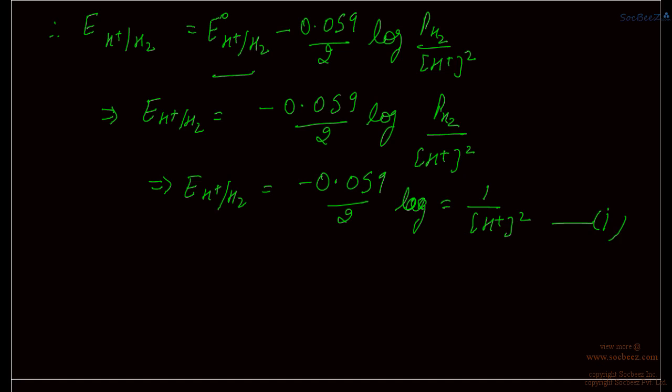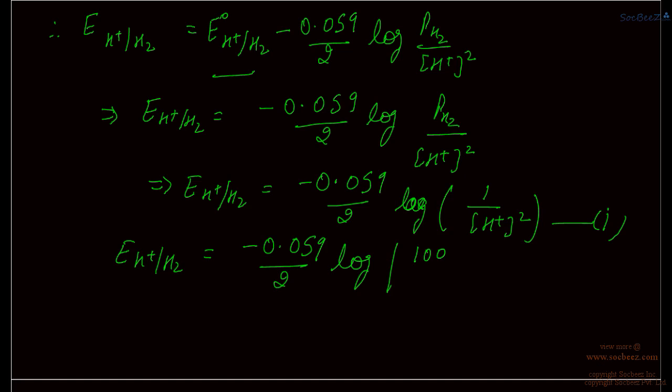Now if the pressure of H2 gas is 100 atm, then E of H+/H2 equals minus 0.059 upon 2 log of 100 atm upon the H+ ion concentration.